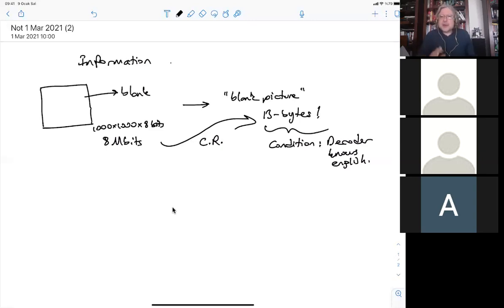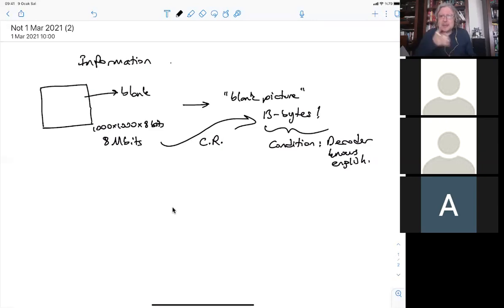So the encoder knows the algorithm, and the decoder also knows the algorithm and uses the same algorithm to decode. Here, the algorithm is obviously the knowledge of this human language of English. And furthermore, the encoder needs to know something else. It must have a clever brain, a clever mind, to see that it's a blank image.